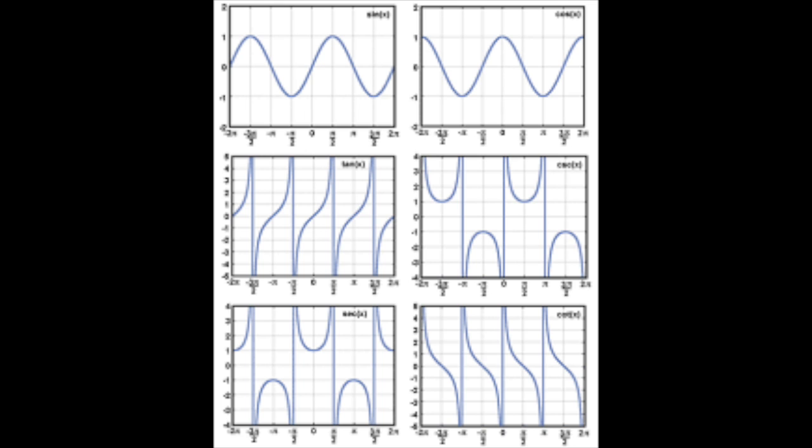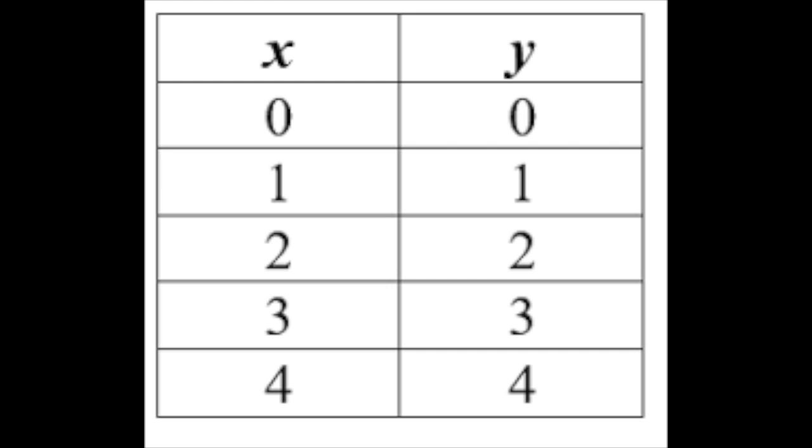I'll put up some pictures of the different types of graphs, and then we can go into their reciprocals. Also, if you need a way to organize your numbers, I recommend making a chart to plug in the x and y values, and then you can graph your points and not just go based on the pattern.